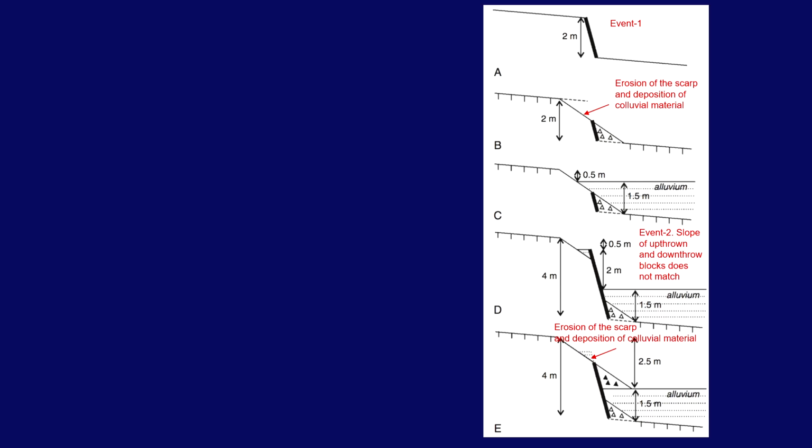Now, in figure A, if you see, this part is the surface which existed before. So, this was the surface here. Okay. So, this is the surface, the same surface. Now, this was down faulted because we are talking about a normal fault.